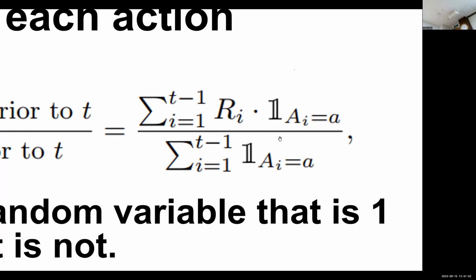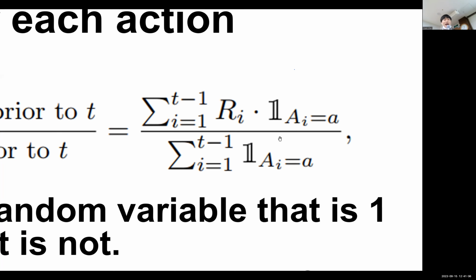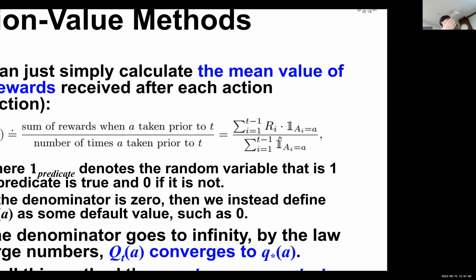Otherwise it becomes 0. The rationale is that you have K arms, so when you calculate this, some arms may not be selected and only one particular arm is selected. You also need to count how many times this action is selected, so it's like counting.